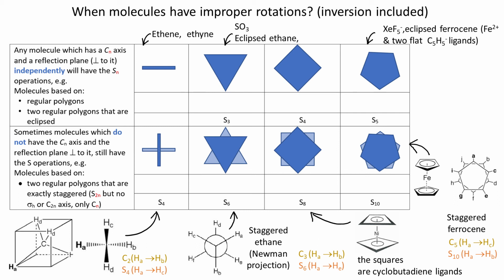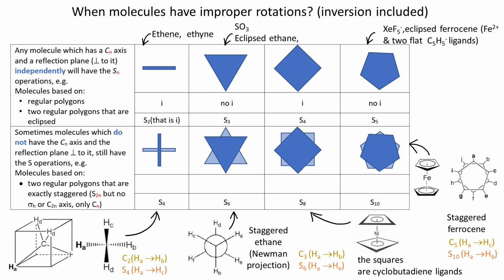The last thing on the slide, let's spot some regularities about inversion for these 2 groups of molecules. For the top group, the molecules that are based on polygons with an odd number of vertices have no inversion, because no 2 vertices are opposite each other. However, the molecules with an even number of vertices do have an inversion. The opposite is true for the bottom group of molecules, due to the staggered character of the structures.